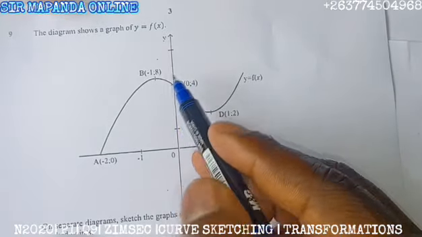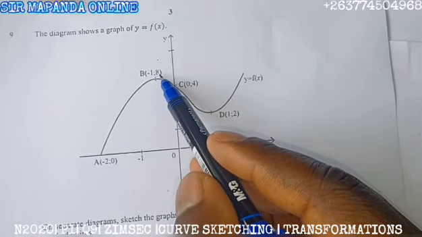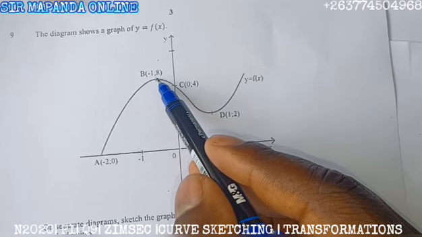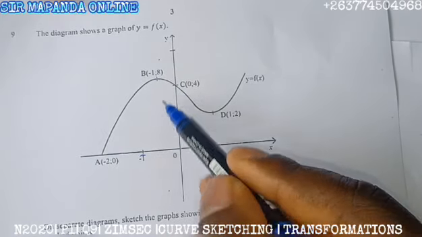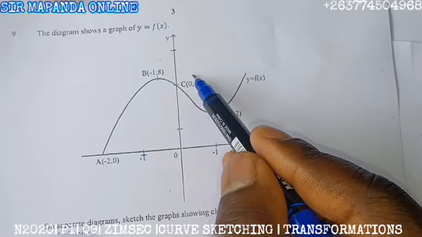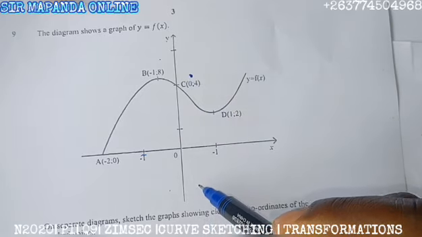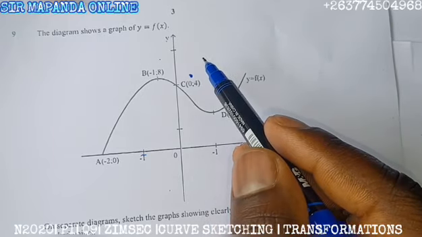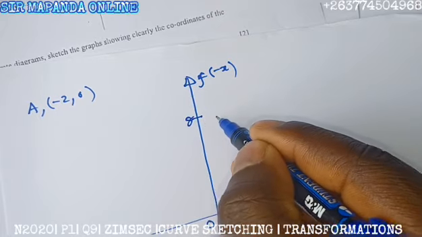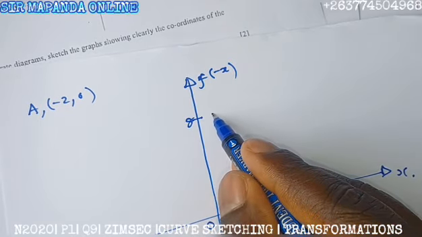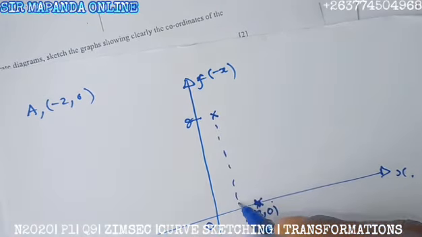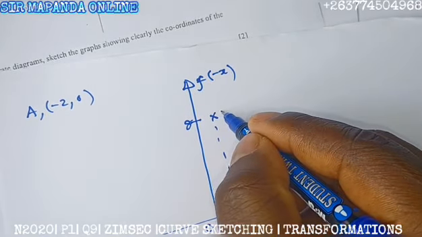Then if we reflect this point, this is minus 1 and 8. It comes here, you get 1 and 8. So here it's 1 and 8. This is B1.